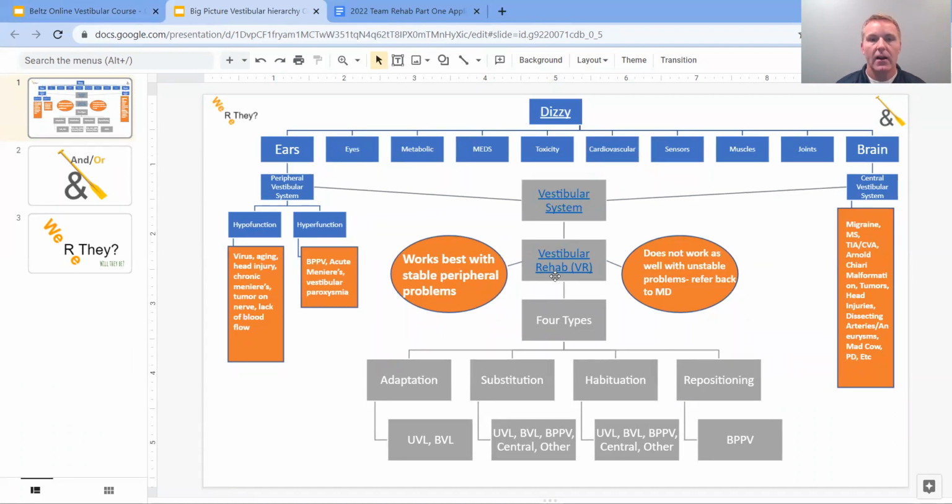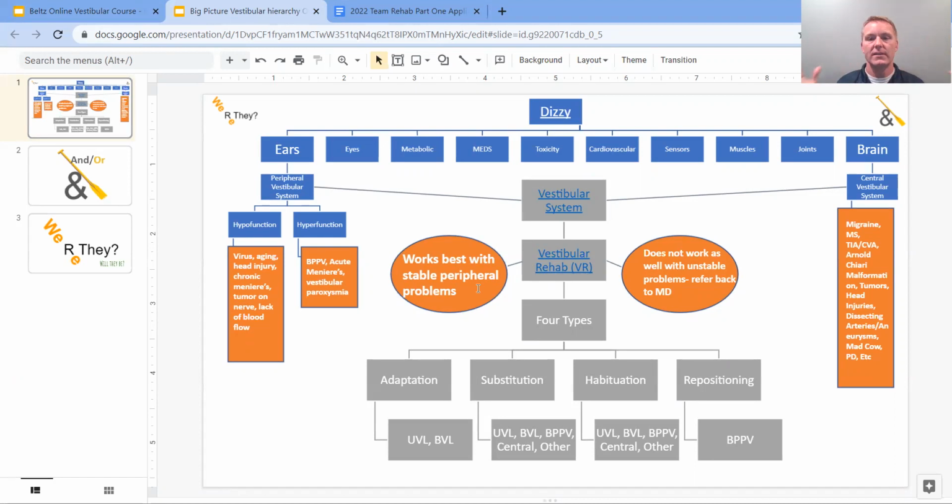The point of what I'm about to share is so that you learn when to provide each type of vestibular rehabilitation at the right time. Vestibular rehab works best with stable peripheral problems, but it does not work so well with unstable problems. So we're going to talk about how you know if it's stable or unstable, okay?